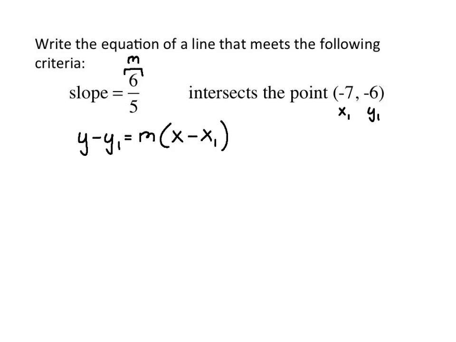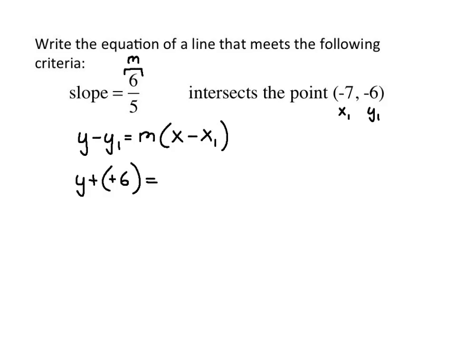So if we insert these values in, I have y minus our y1 value, which we see over here is -6. Now I want to be careful plugging in that minus a -6. I'm going to put the -6 in parentheses, and I'm really remembering that a negative and a negative, or in other words, subtracting a negative, is really adding.